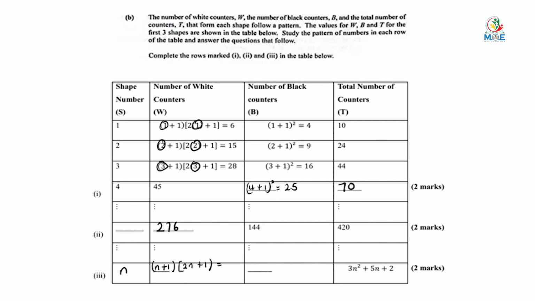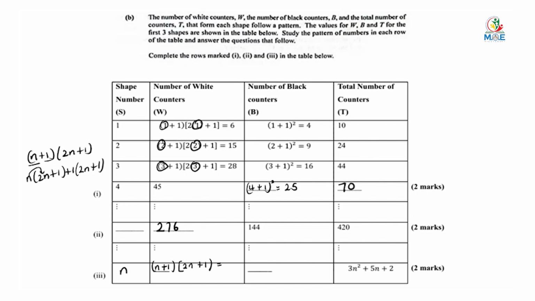So let's try to work this out. I'll do the work on the side here. So n plus 1 multiplied by 2n plus 1. I'll take n multiplied by 2n plus 1, and then I'll take plus 1 multiplied by 2n plus 1.